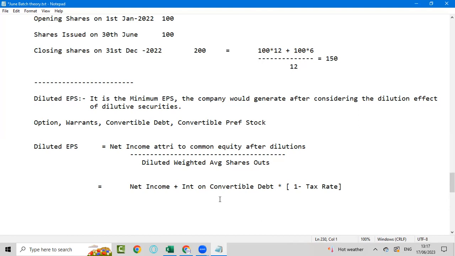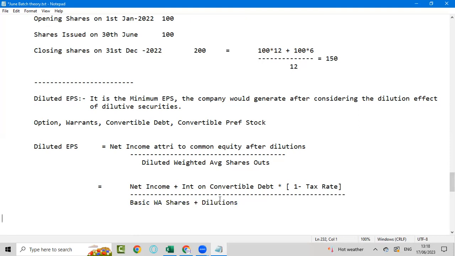Divide by what? Basic weighted average shares plus dilutions. What is dilution here?